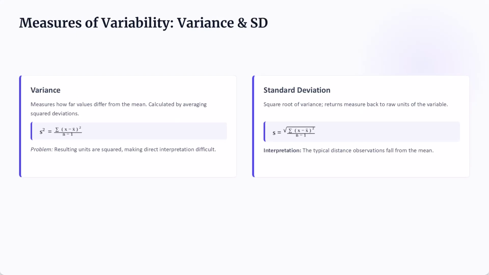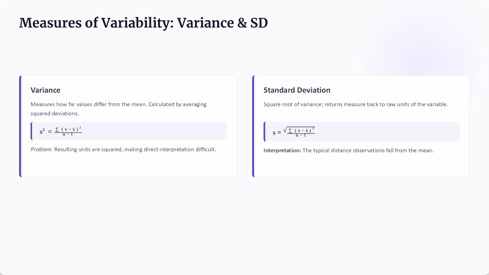Beyond measures of central tendency like the mean, fully describing a distribution requires evaluating variability. Variance quantifies how far individual data points deviate from the group mean. Because calculating variance involves squaring individual deviations to eliminate negative signs, variance is expressed in squared units, making direct interpretation unintuitive.